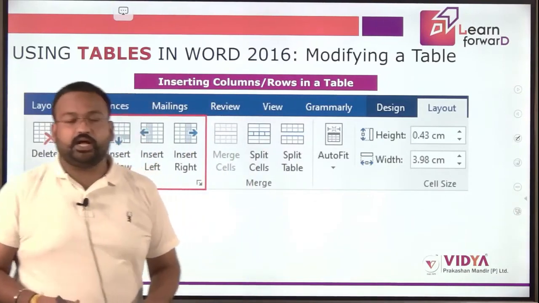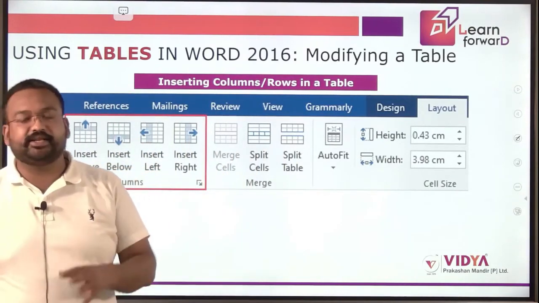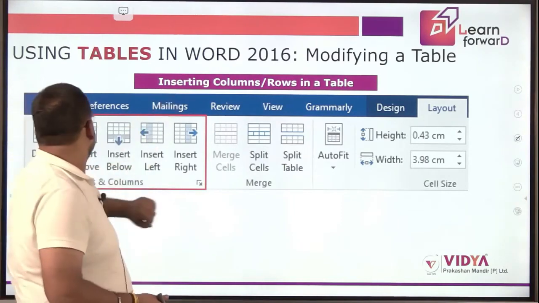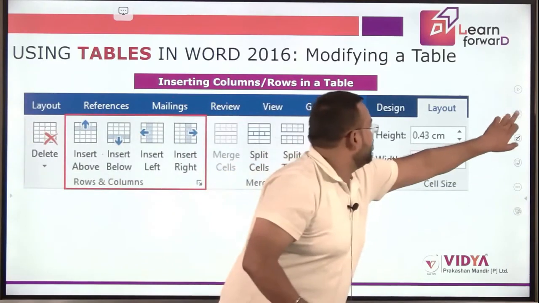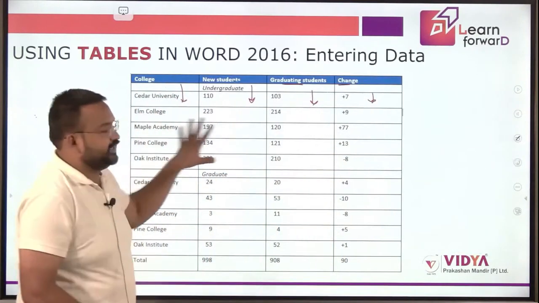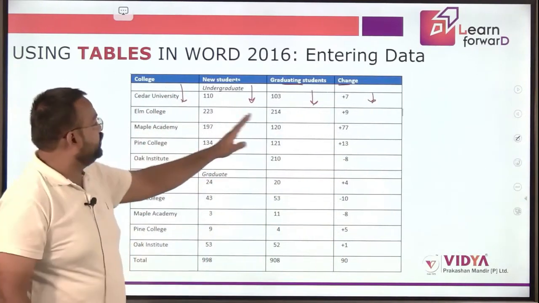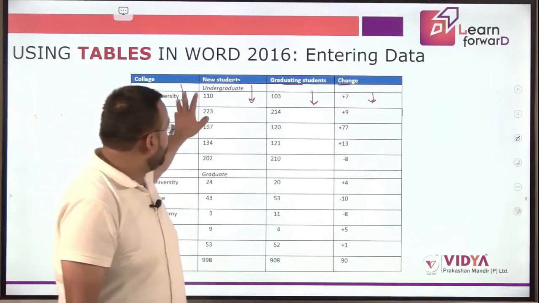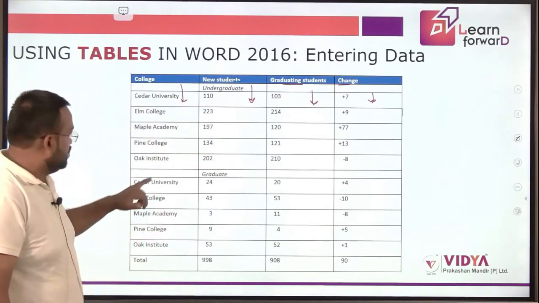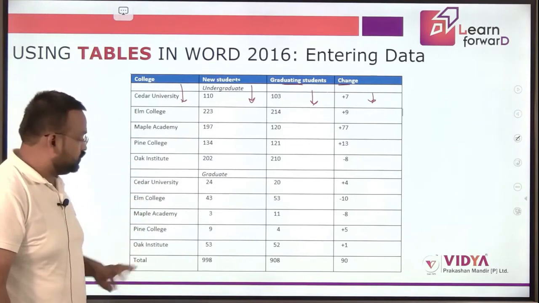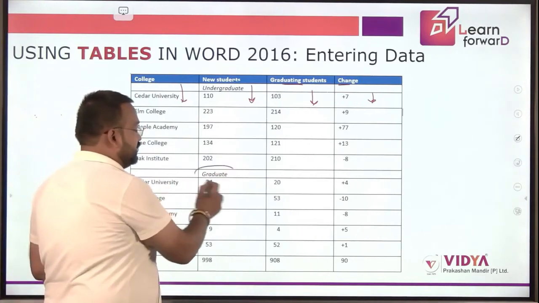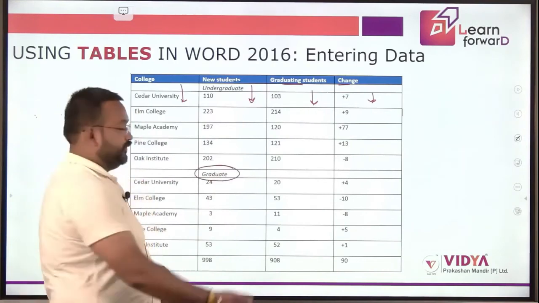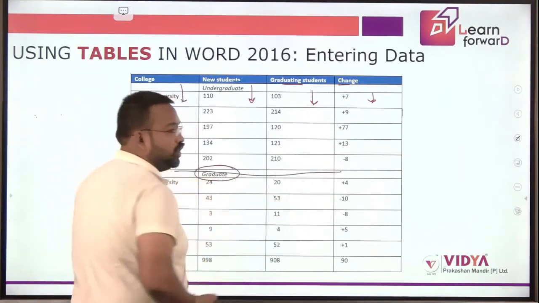Now we will see how we can modify our existing table. Like we have seen in our previous slide, in this table we have 4 columns and 12 rows. Suppose in this table you want to modify it, for example combine it into just a single column. How can we do that?